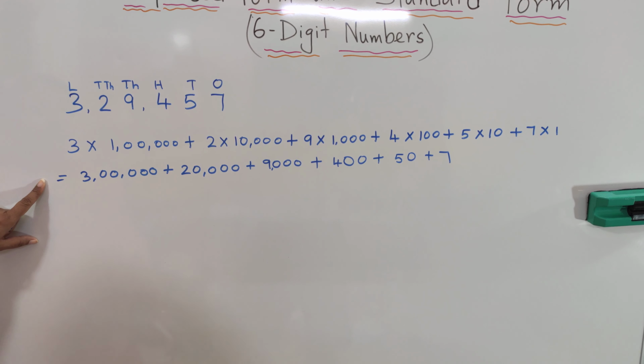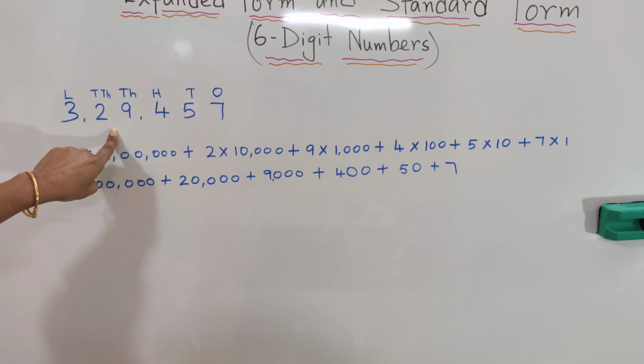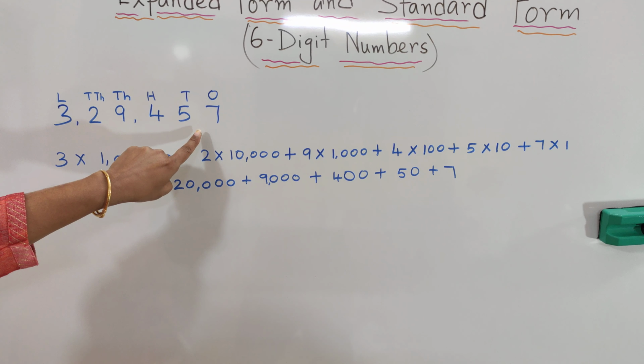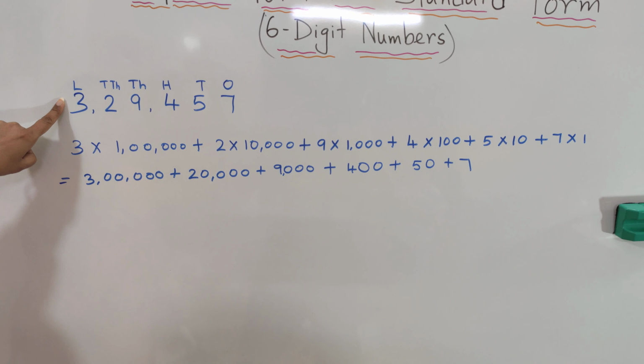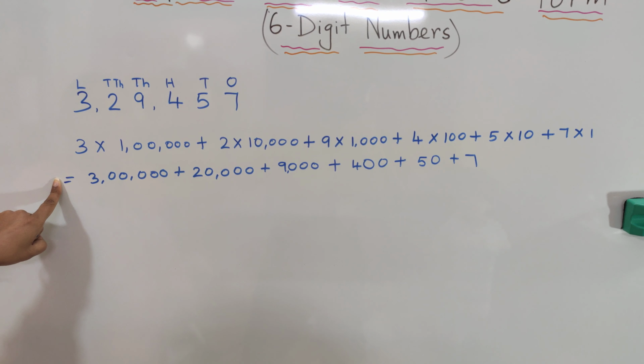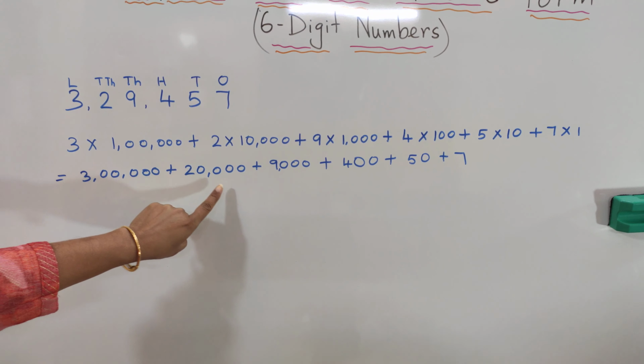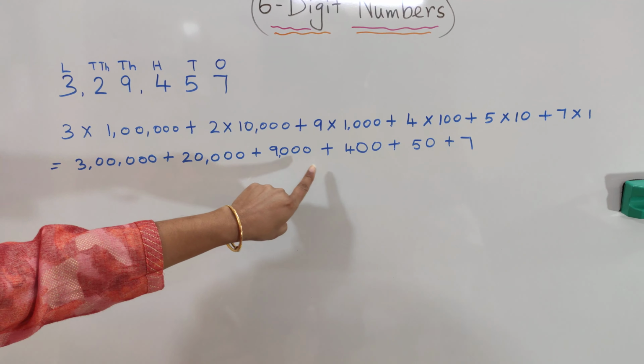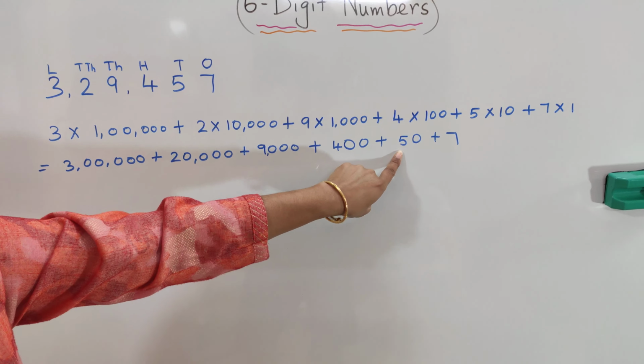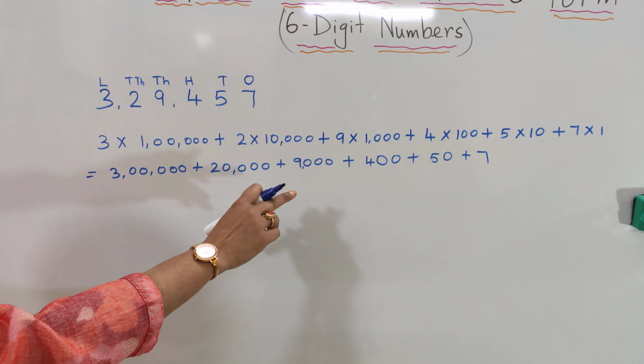So this is the expanded form of 3,29,457. So we write this number in the expanded form as 3 lakh plus 20,000 plus 9,000 plus 400 plus 50 plus 7. This is the expanded form.